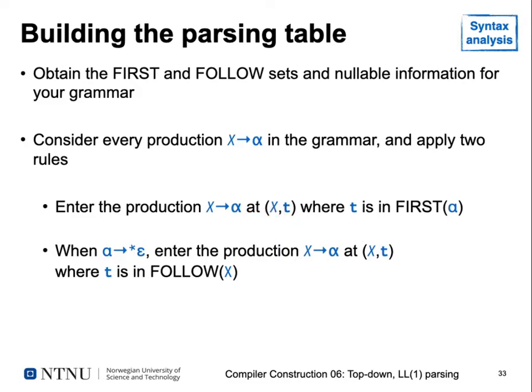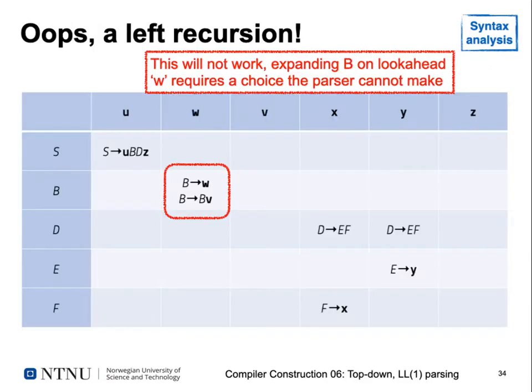And if alpha goes to something with an epsilon, then we enter the production X derives alpha at the point X,t, where t is in the follow set of our non-terminal symbol X. This is simpler with an example, so let's enter all the rules for an example here.